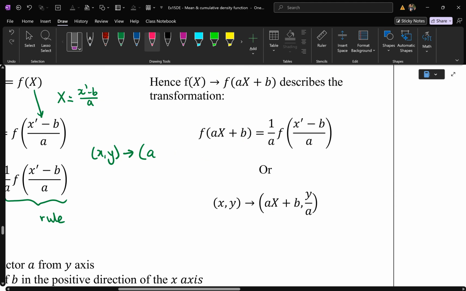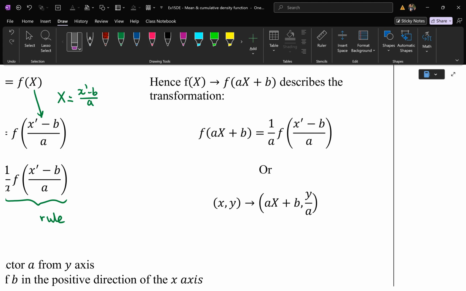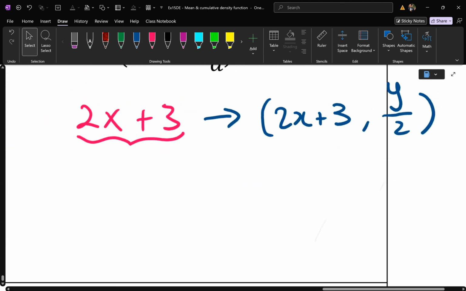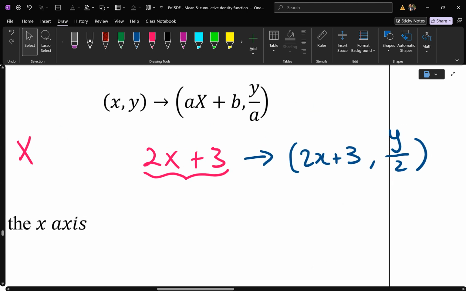So in a nutshell, what I'm trying to say is when you're looking at these problems and they give you a random variable x and then they ask you, say, 2x plus 3, you can actually just read that directly from itself. So you can already say that this means that you will have 2x plus 3, and then that means it's y divided by 2. Because whenever you dilate in the x, you have to dilate in the y to compensate for that change in area.